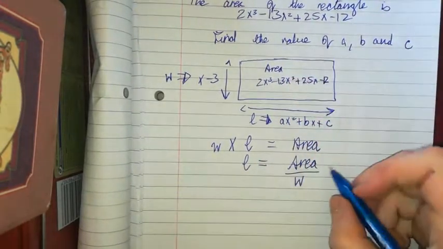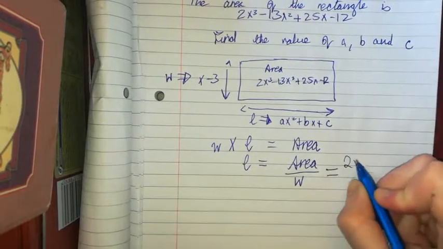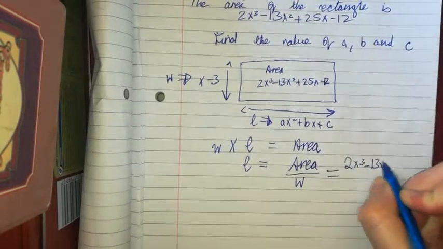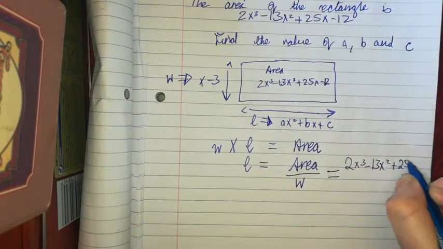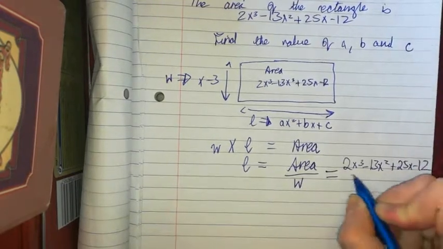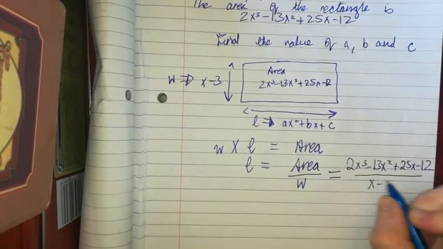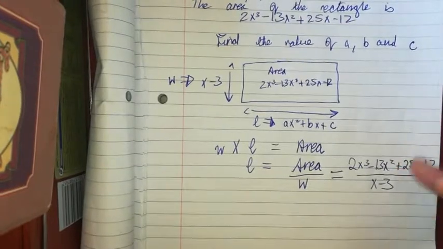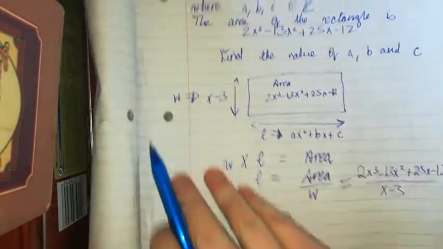I know the area is 2x cubed minus 13x squared plus 25x minus 12, and I know the width is x minus 3. So if I divide those two, I'll get this length. I'm going to have to do long division.